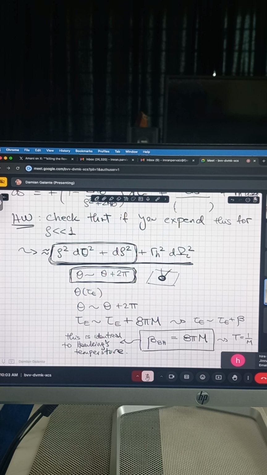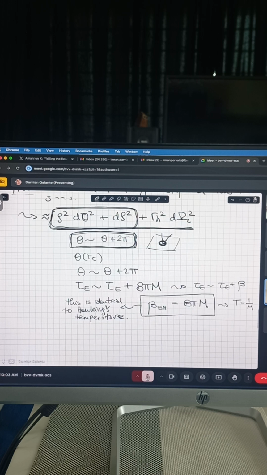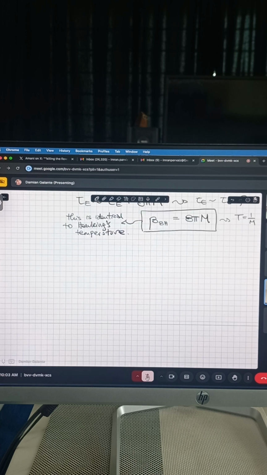Okay, so after this detour, I think we are finally in a position to do our calculation, that is, the partition function of the Schwarzschild black hole metric. What we need to do is to evaluate the Euclidean action in this black hole metric. So let's write down the Euclidean action.